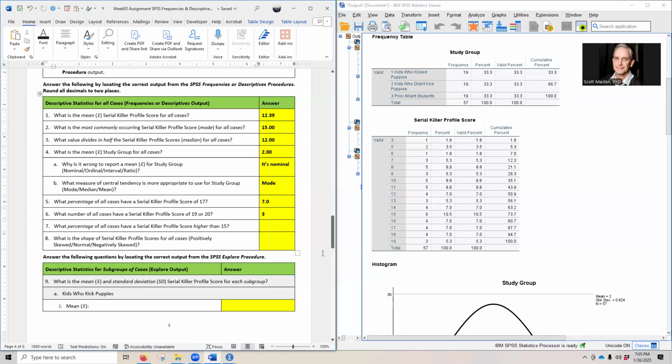What percentage of all cases have a serial killer profile score higher than 15? That means not 15, it means higher than 15. There are a couple ways you can get this. I'll use the calculator.